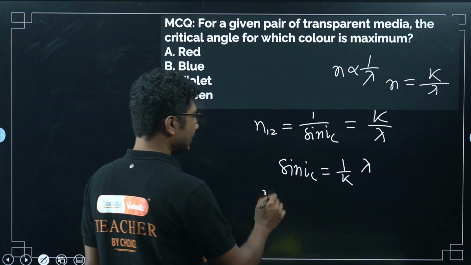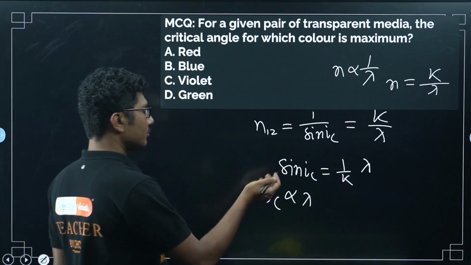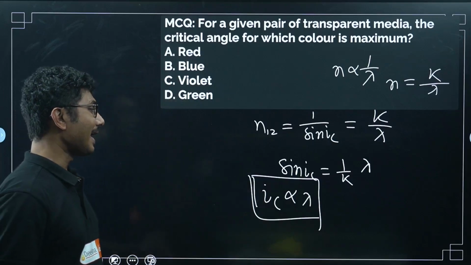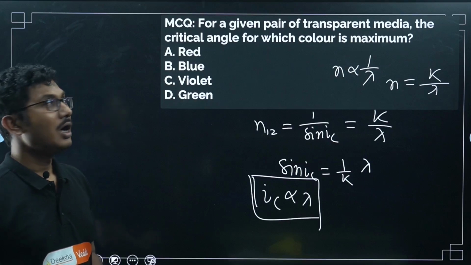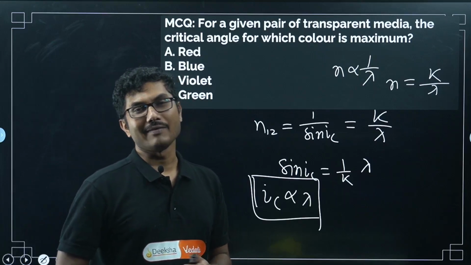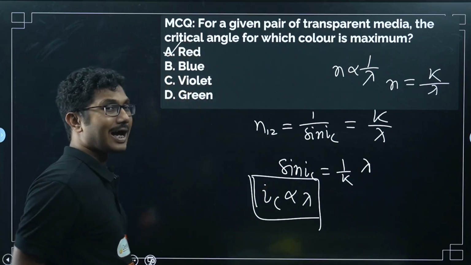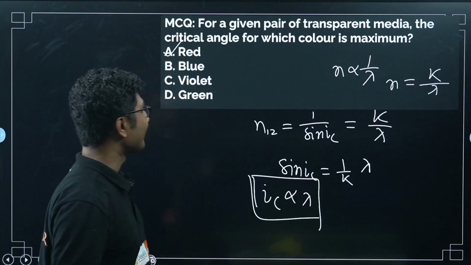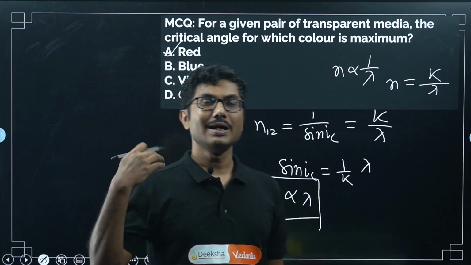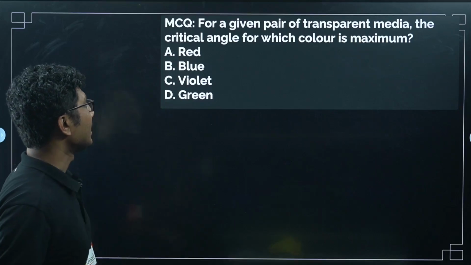So IC is directly proportional to lambda, after taking the inverse. We can write that the critical angle is directly proportional to the wavelength of light. Whichever color has the highest wavelength will have the higher critical angle. For example, red light has the highest wavelength, so it should have the highest critical angle as well. So the higher the wavelength, the higher the critical angle. This is also from one of your previous year question papers, so that's why I am solving it.